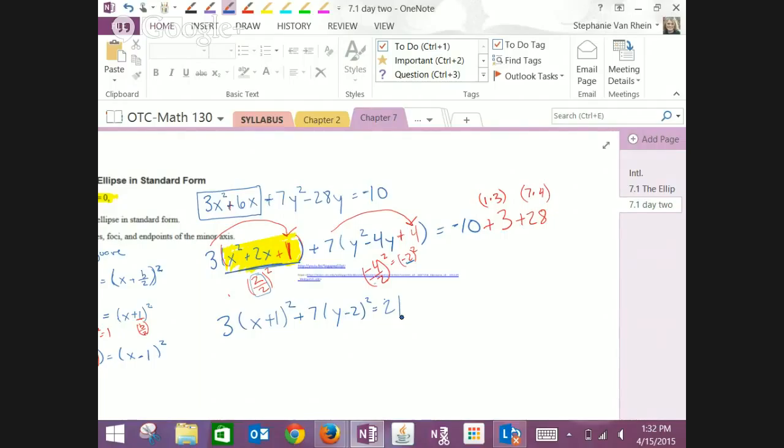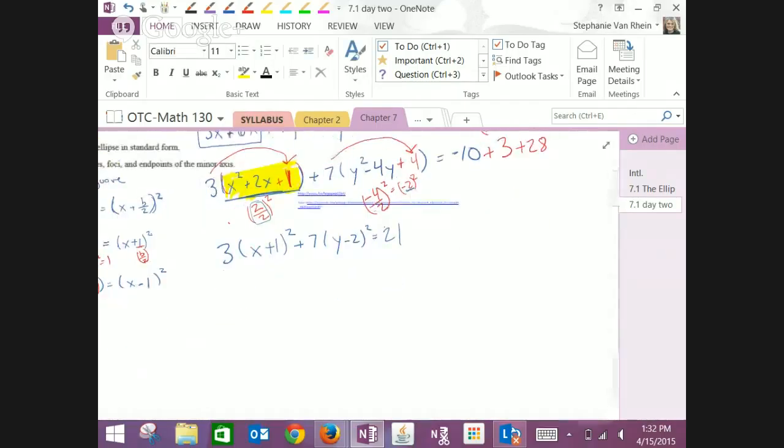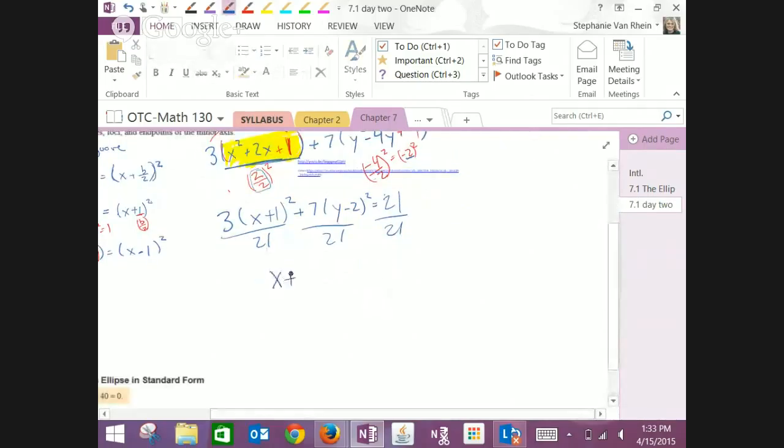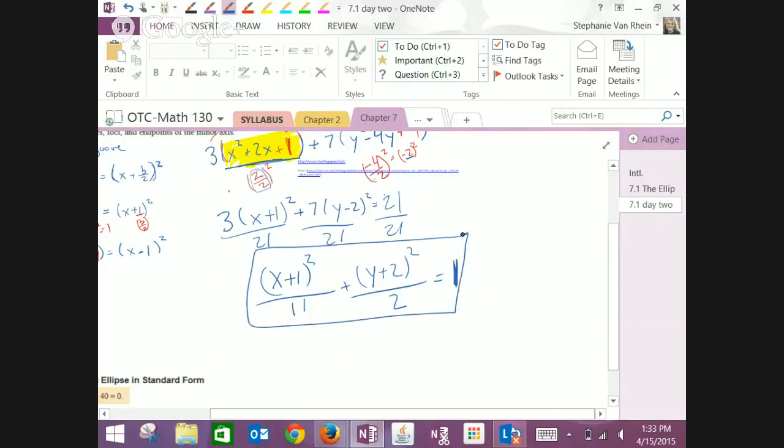So what do I need to do to get it into standard form? Divide through by 21. So here I have x plus 1 squared over 7 plus y minus 2 squared over 3 equals 1. Now I'm in standard form, and what is my center?